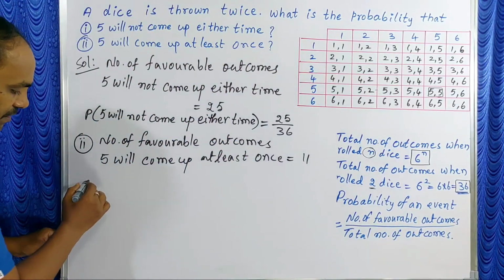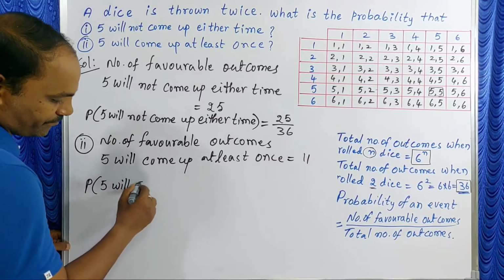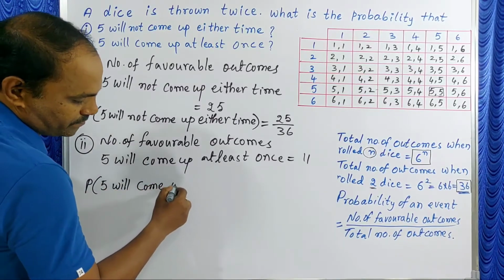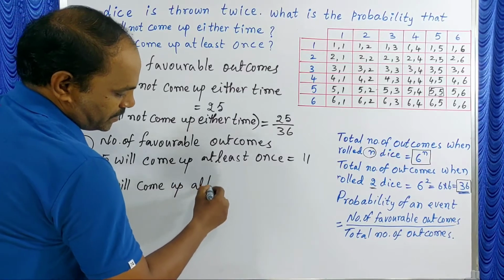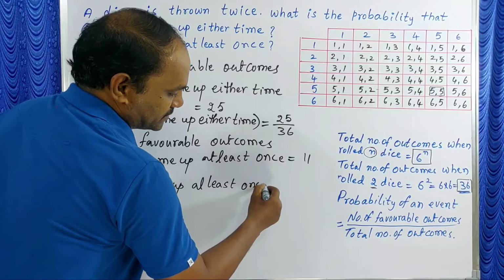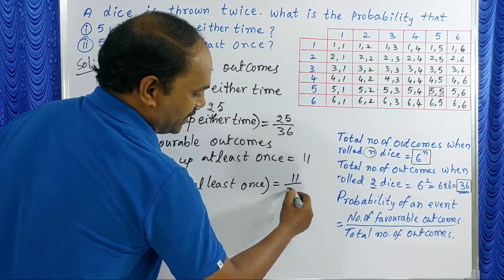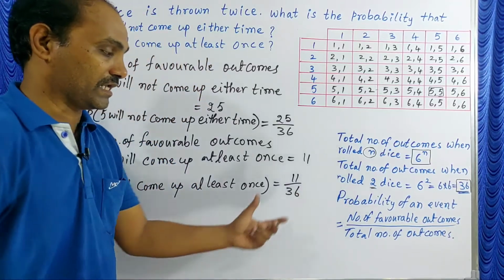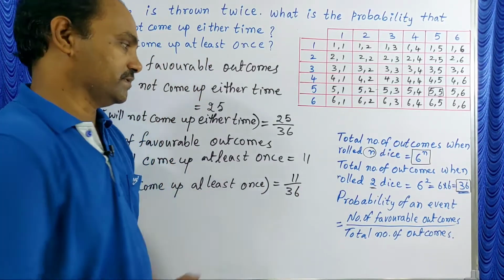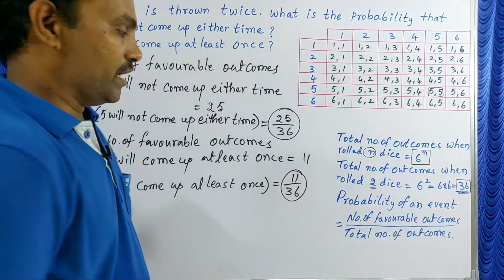So, probability P of 5 will come at least once is equal to number of favorable outcomes 11 by total number of outcomes 36. This one and this one is our answer.